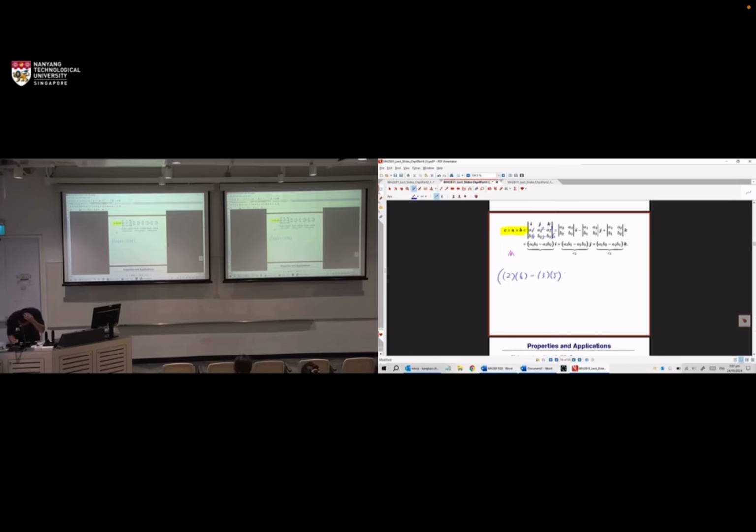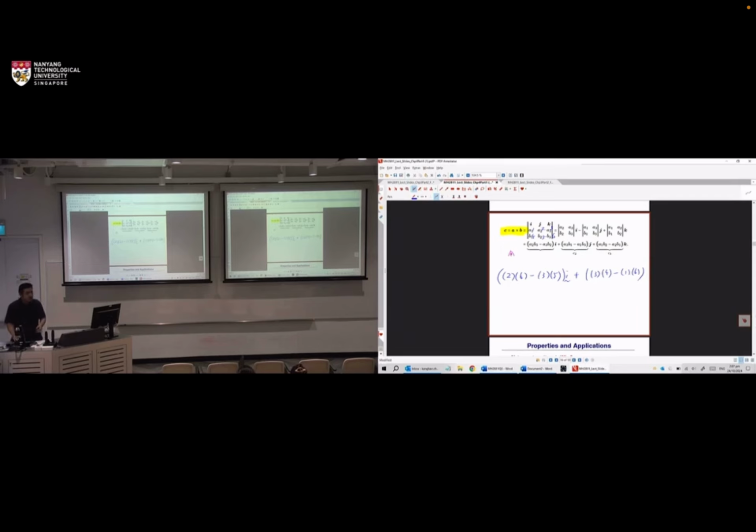This will be your I component, plus A3, which is 3 times B1, 4, minus A1, which is 1, and B3 is 6.